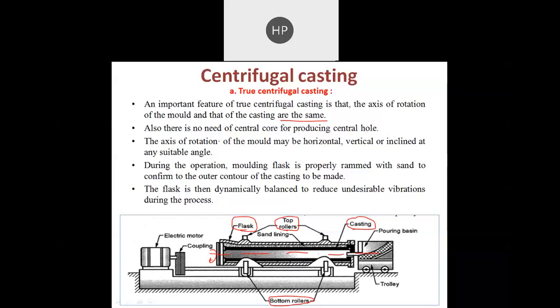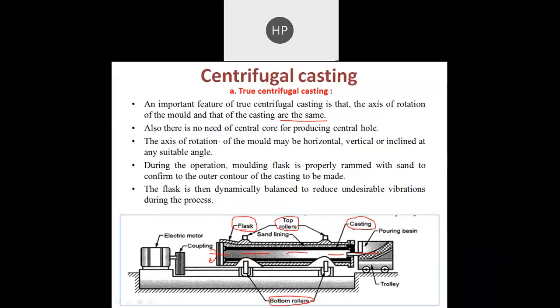That core is put inside the mold and then molten metal is poured. After solidification, the core is broken, and from that we get the hollow product.